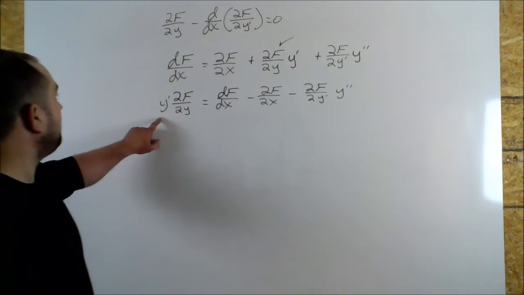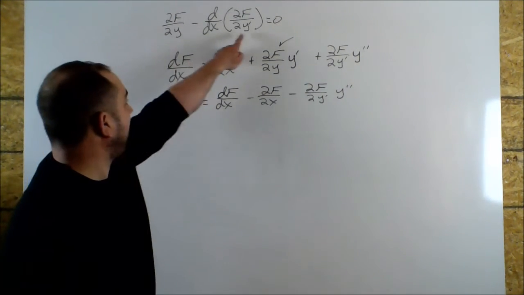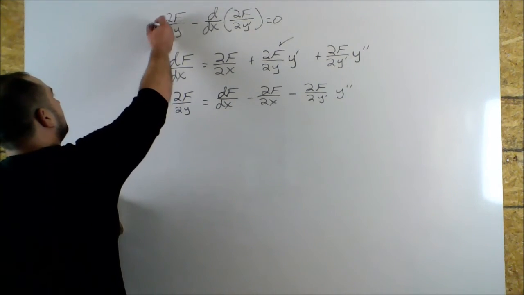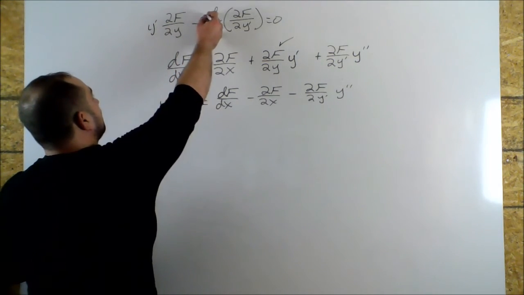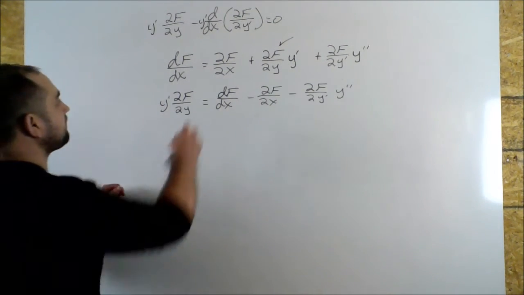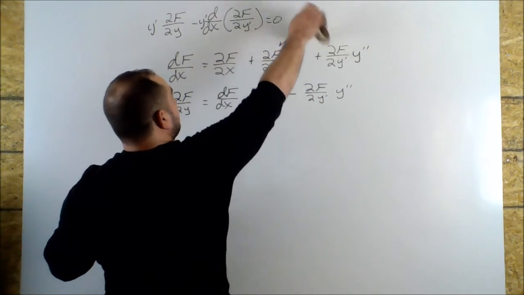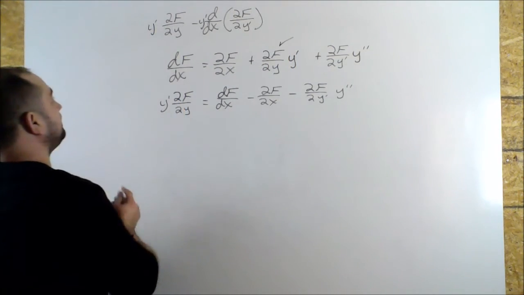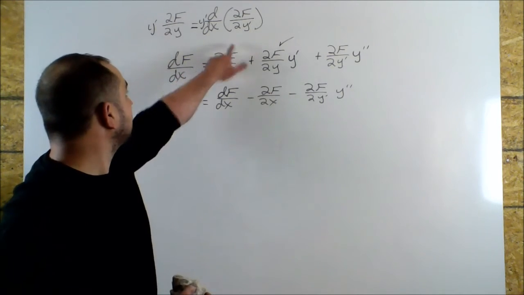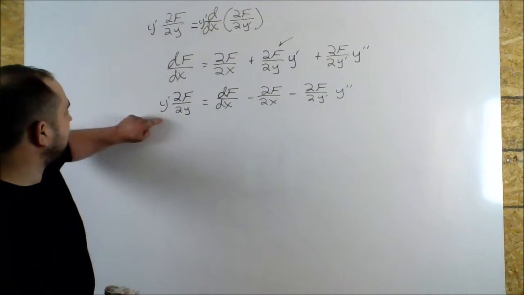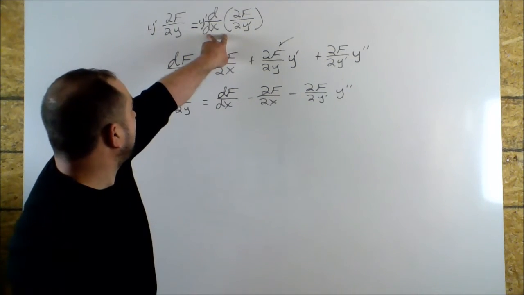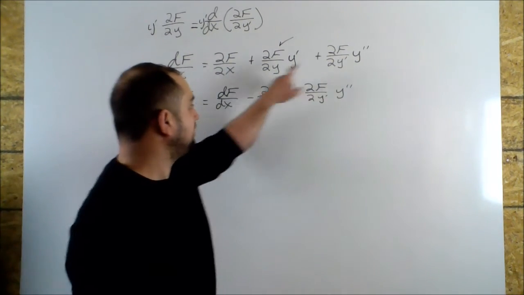Now if we multiply this by y prime, I can move this to the other side, and these two terms are equal. So this is the same as this, and so this has to be equal to this.